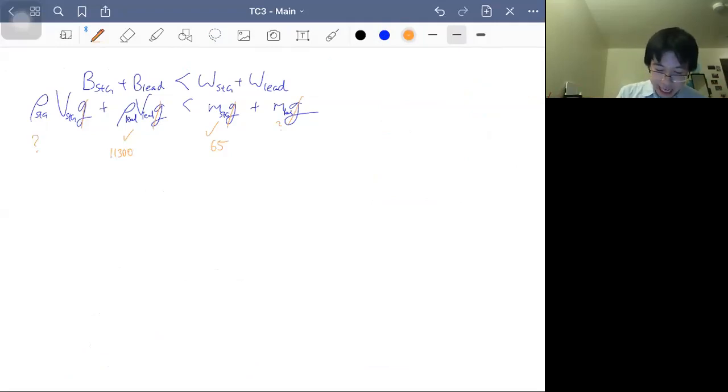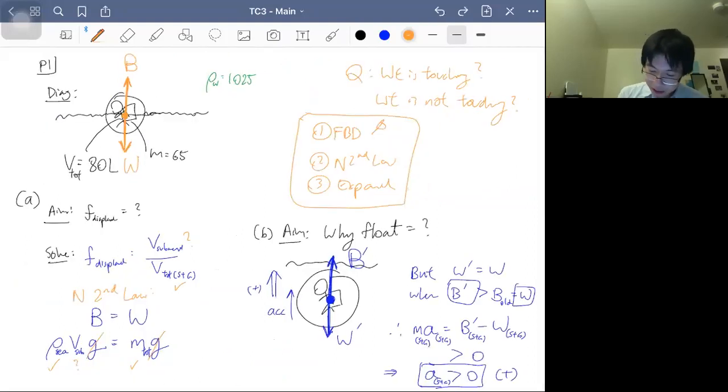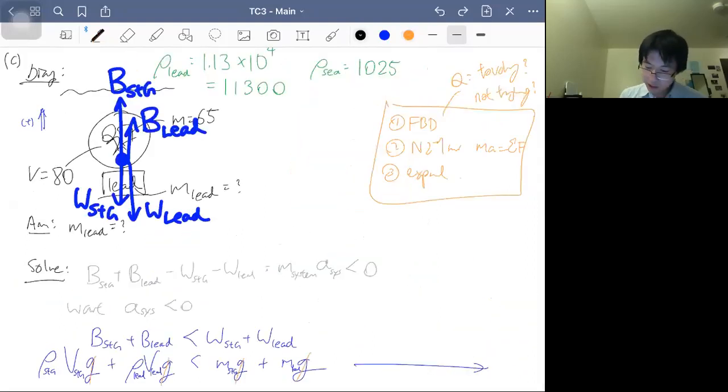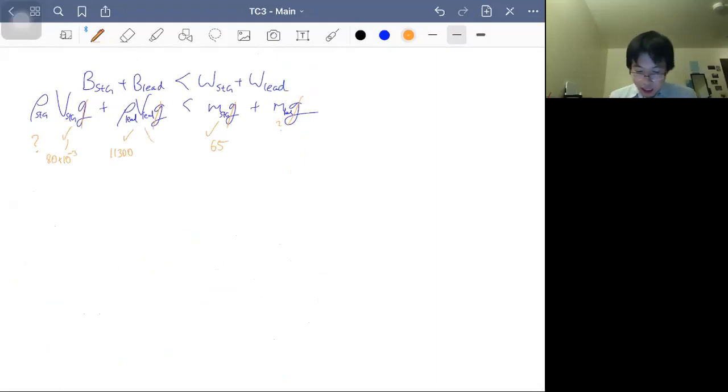Volume of S plus G, yes, that's 80 liters, right? Yeah, 80 liters, I believe. I should have copied liters over here. So I know this is 80 liters. If I plug it in, that's the number I plug in. Then the volume of lead, I don't.